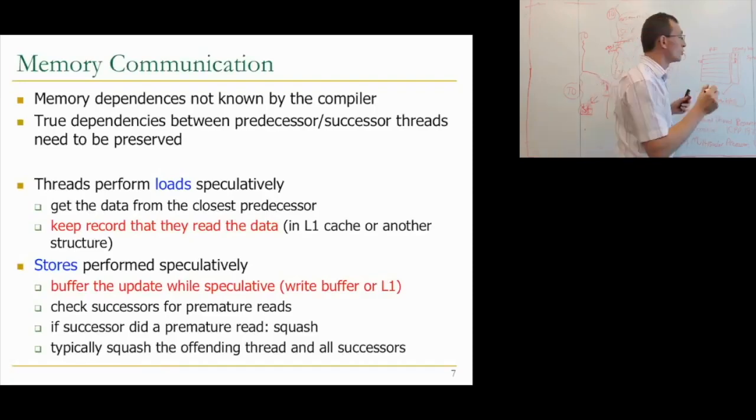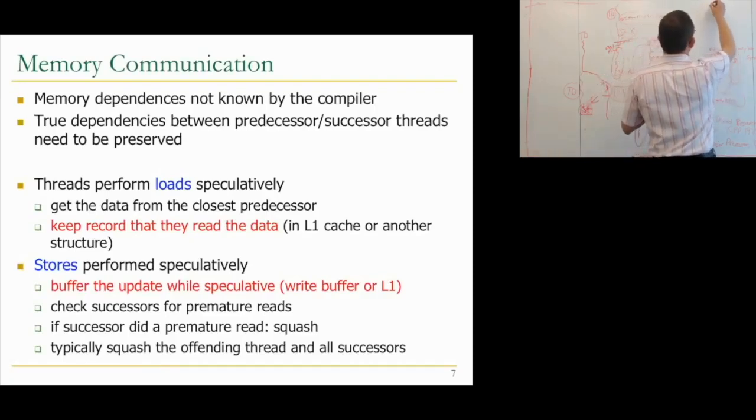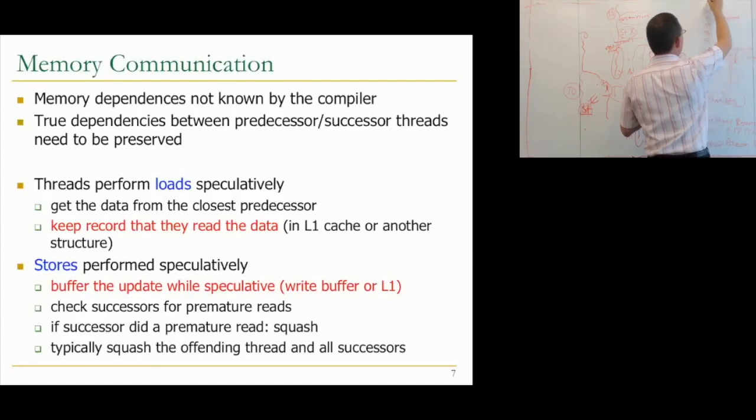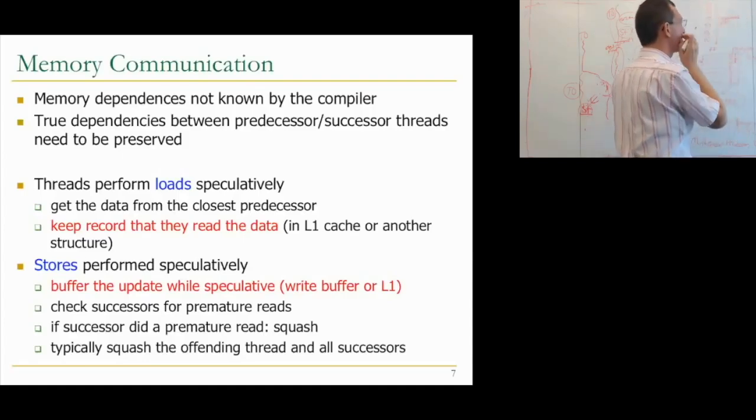So this implies an ordering between the threads, right? You have basically thread 0, thread 1, thread 2, thread 3, thread 4, thread 5. They can all be executing in parallel, but there's an order, which is the sequential order, if you're actually parallelizing a single-threaded program and executing them in parallel.